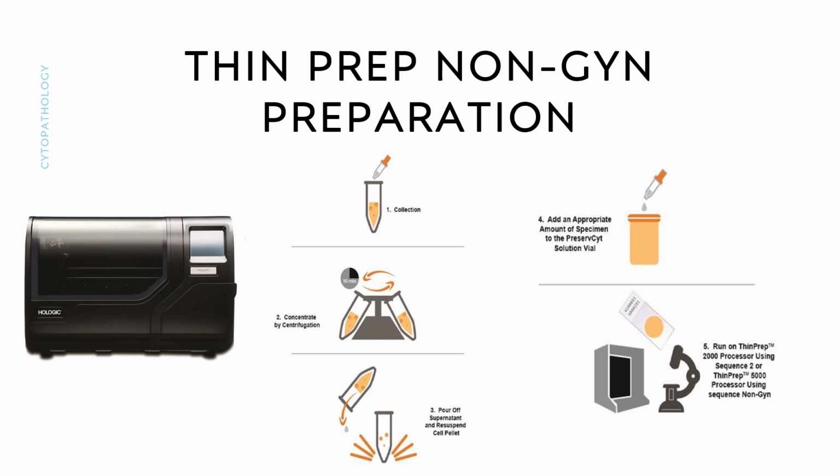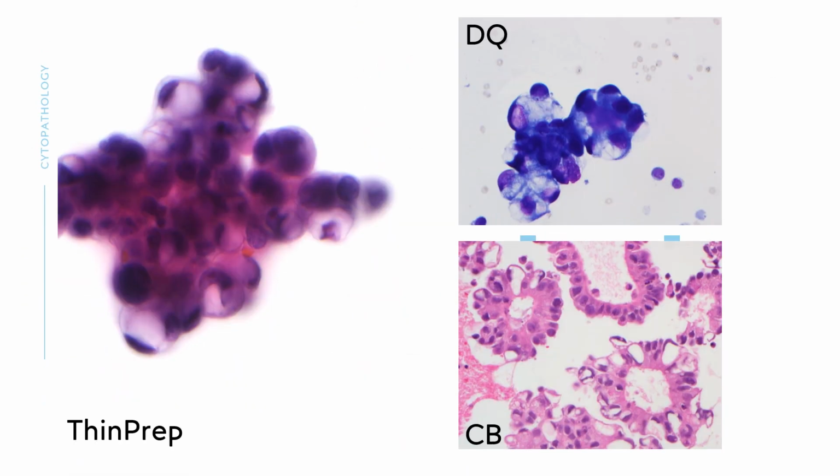And then 5th, you run the sample on a ThinPrep 2000 processor using sequence 2 or ThinPrep 5000 processor using sequence non-gynecological. So this is an example of microscopic use of a specimen using the thin preparation in comparison with the cell block and the direct smears.